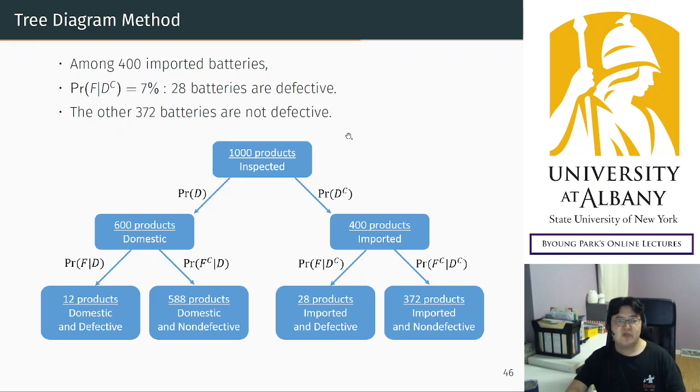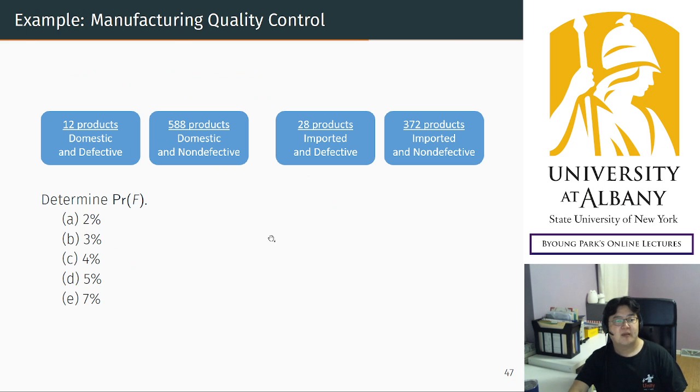And now you may understand this as a frequency. You may take this as imaginary data. So you repeated the experiment 1000 times and you have four different outcomes with this many times, right?